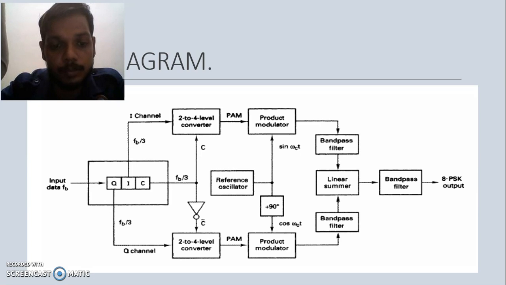The Q channel also passes the product modulator and consists of a reference oscillator. The Q and I then pass to the band pass filter and combine in the linear summer, and will flow into the band pass filter again, and it produces the 8PSK output.